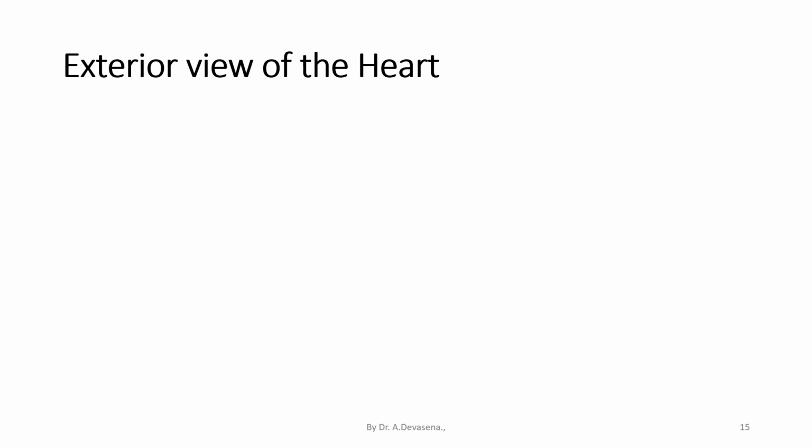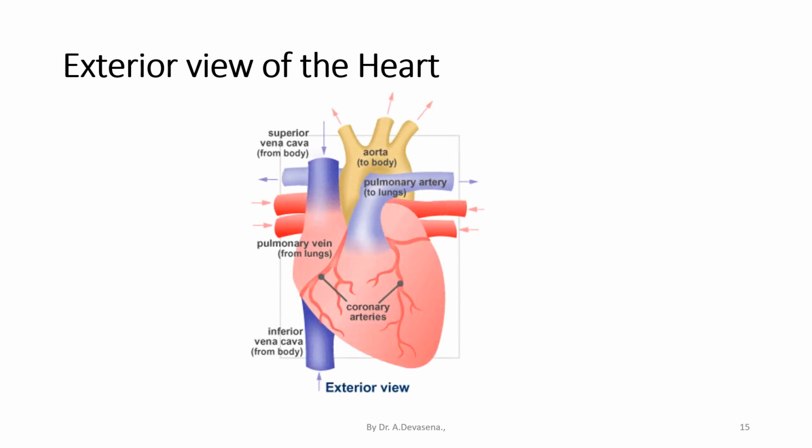Figure shows the exterior view of the heart. In this heart, we have the superior vena cava and inferior vena cava. Superior vena cava collects the impure blood from the upper portions of the body and feeds the impure blood to the right atrium.